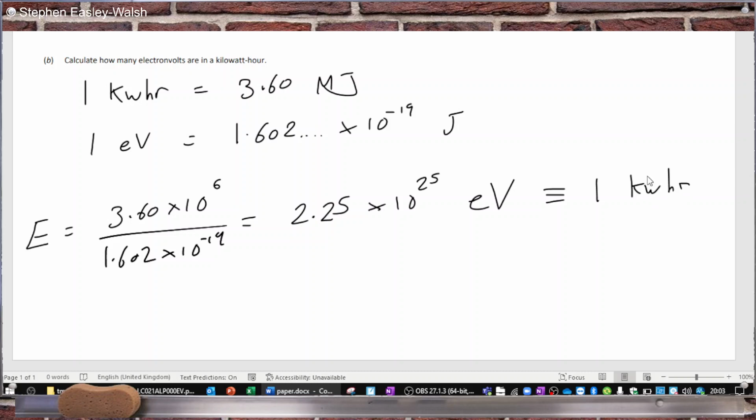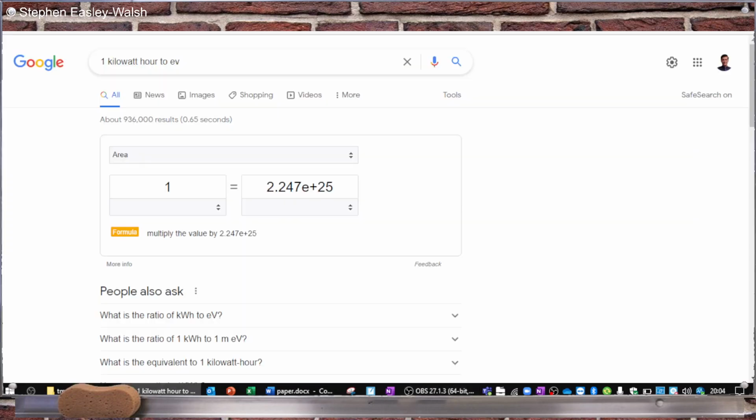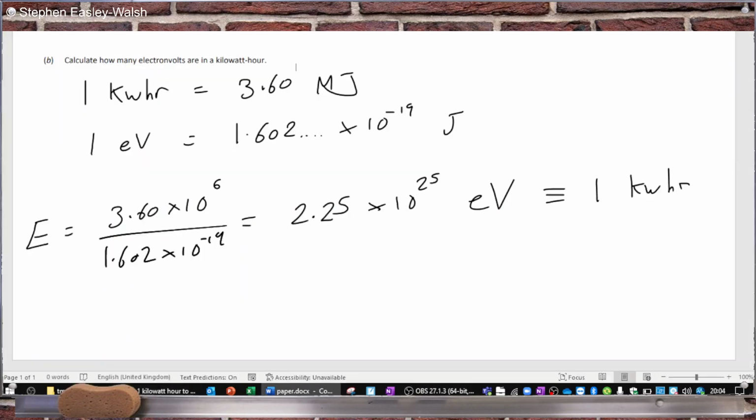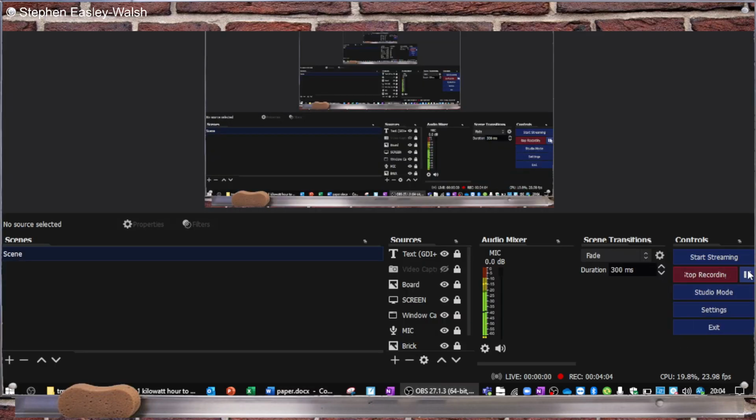Yeah, okay. I think that's okay. Actually, you know, sometimes in Google they can do conversions. I wonder if I can for this one. Much to my surprise, you can. 1 kilowatt hour. Yeah, 10 to 25. Yep, okay, great. Let's get the next one ready.